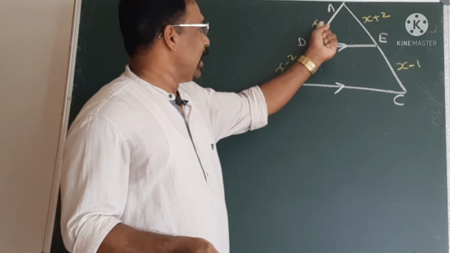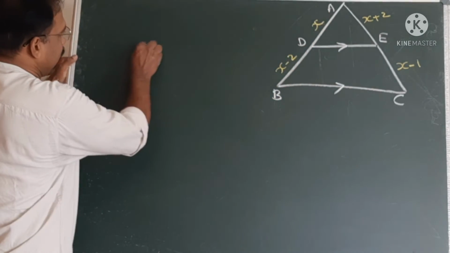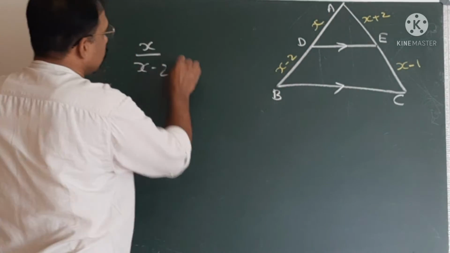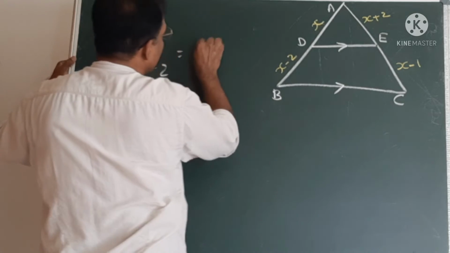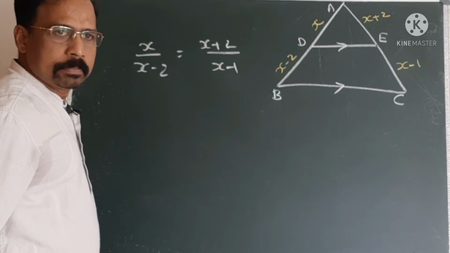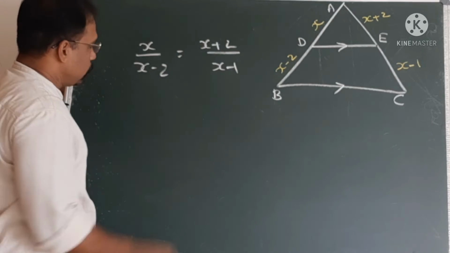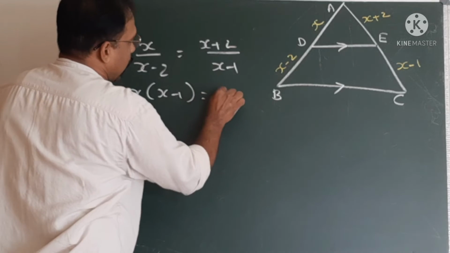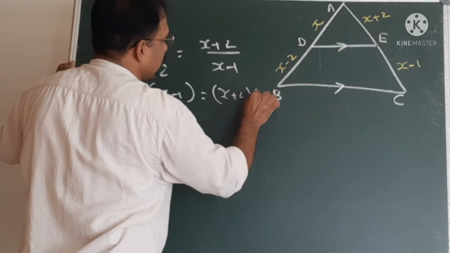That means x by x minus 2 is equal to x plus 2 divided by x minus 1. Let us do the cross multiplication. x into x minus 1 is equal to x plus 2 into x minus 2.